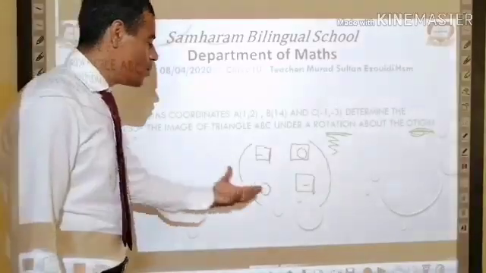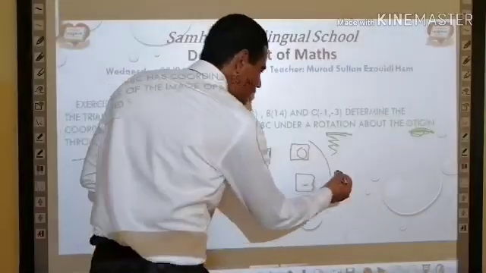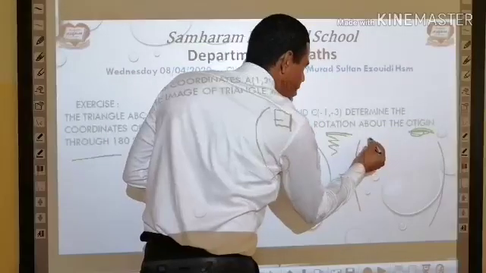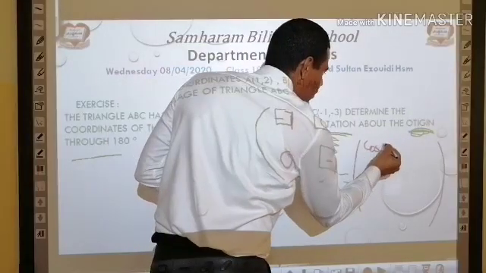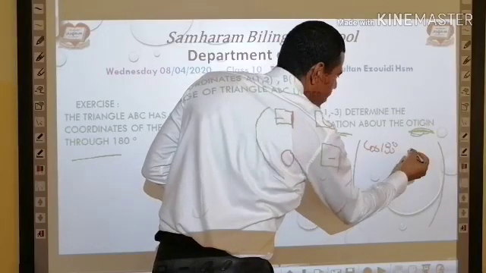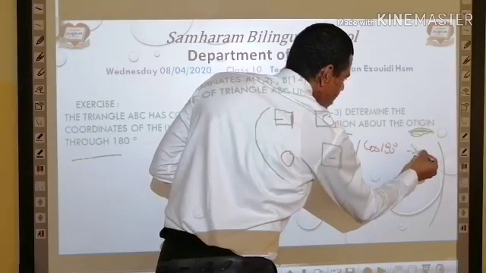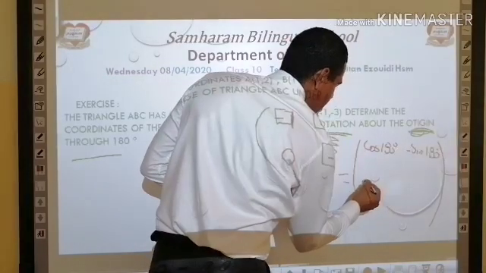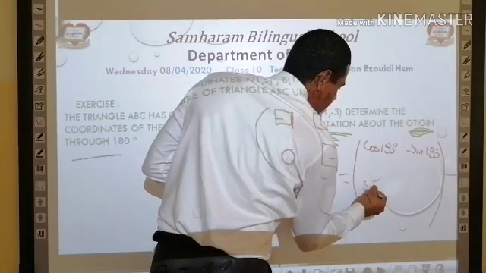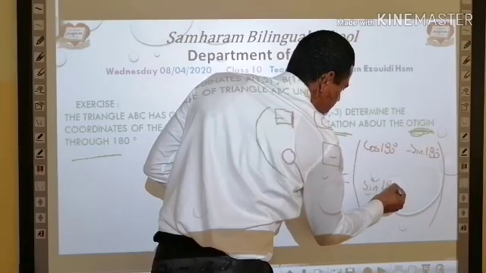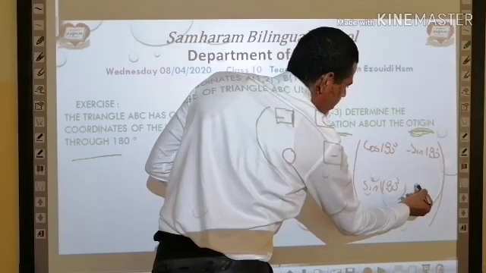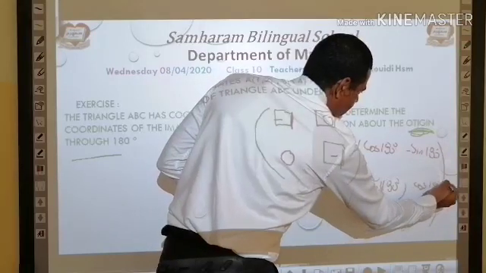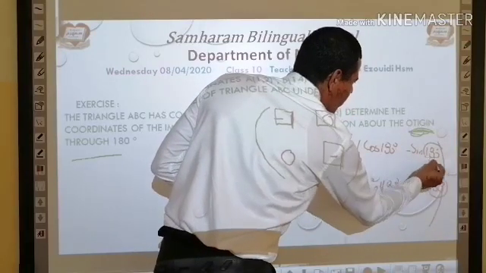Why exactly? Because this can be written as cosine of 180, then minus sine of 180 degrees, then sine of 180 degrees, and cosine of 180 degrees, whatever the angle.